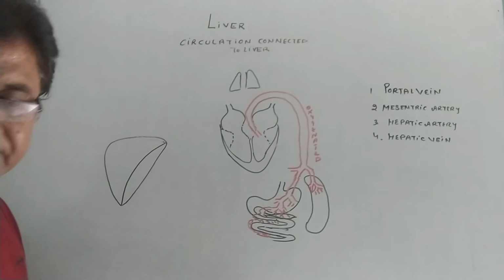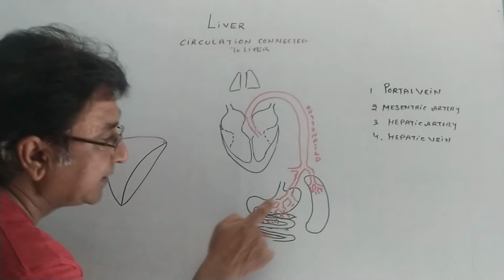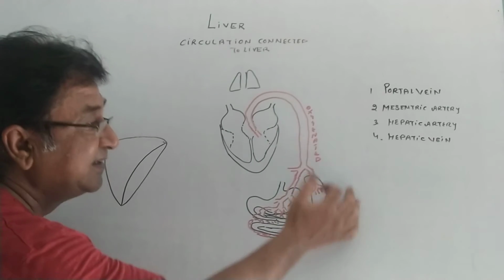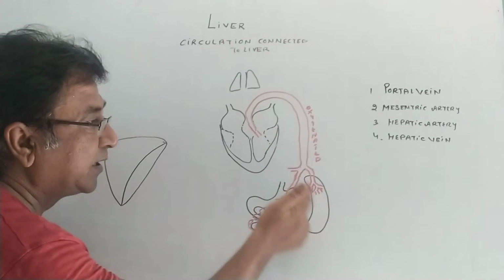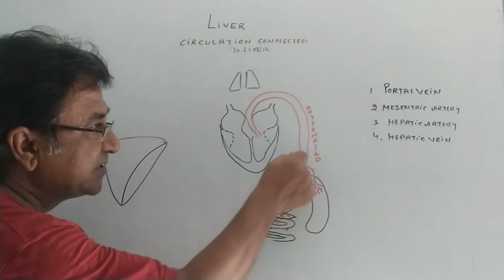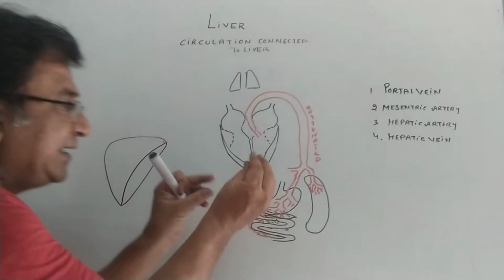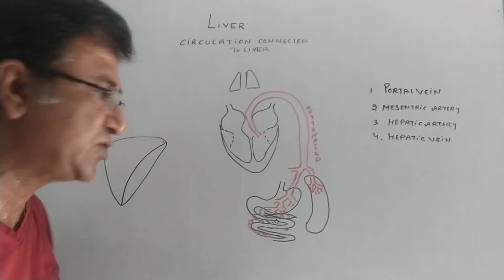Now the oxygenated blood in the spleen is coming from the splenic artery, which is splitting from the aorta, and this is the mesenteric artery, which is also splitting from the aorta, entering into the GIT. Okay, now oxygen is being supplied to all these parts.